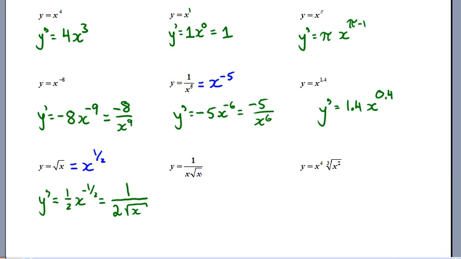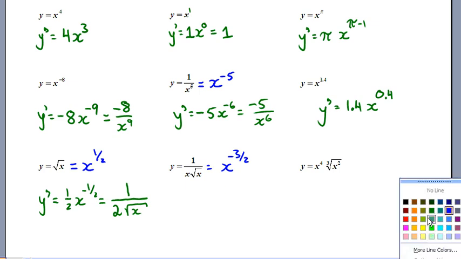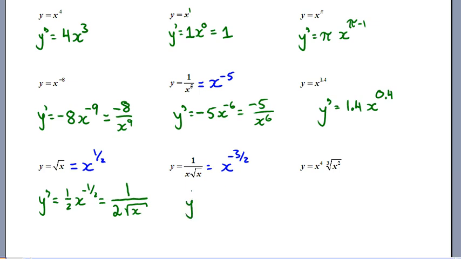This one, let's rewrite it. This is the same thing as x to the negative 3 all over 2. It's like an x to the 1 multiplied by an x to the half. That's 3/2, but upside down. So just a new way to write the old question. And now the derivative. Lower the exponent down, and then lower the exponent by 1.